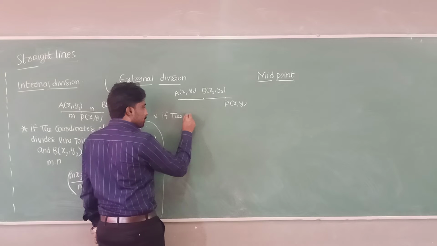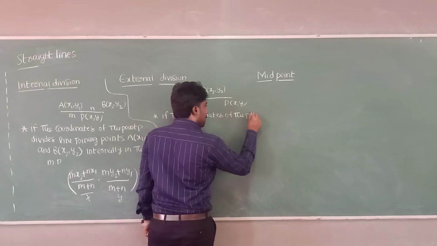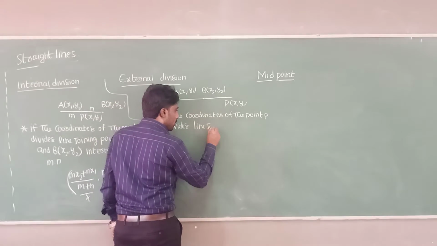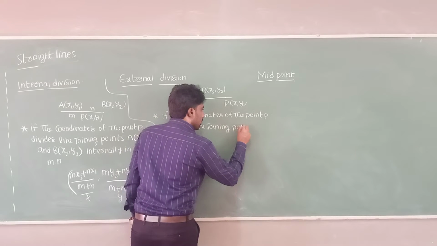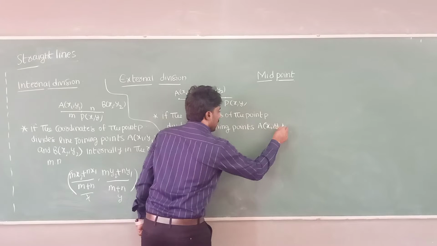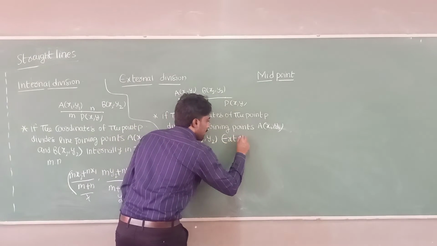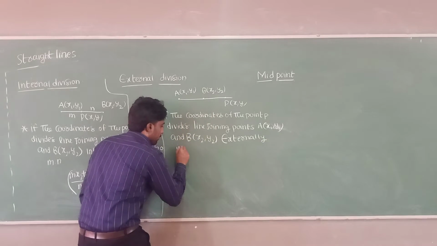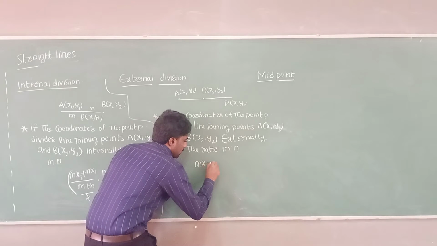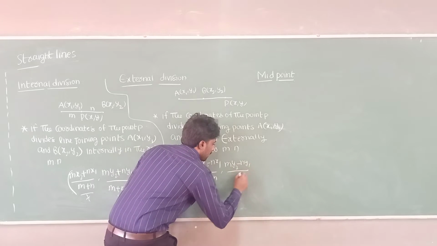If the coordinates of the point P divide the line joining the points A and B, where A is x1 comma y1 and B is x2 comma y2, externally in the ratio m is to n, the formula is mx2 minus nx1 by m minus n, my2 minus ny1 by m minus n.